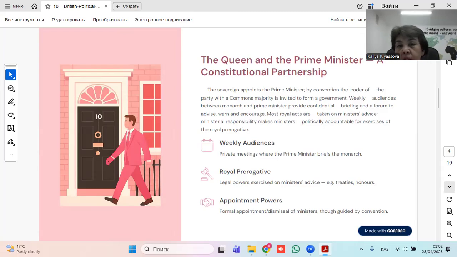There are weekly audiences, private meetings where the Prime Minister briefs the monarch, and the royal prerogative, powers exercised on ministers' advice, for example treaties and honors, and the appointment powers, formal appointment and dismissal of ministers, though guided by convention.